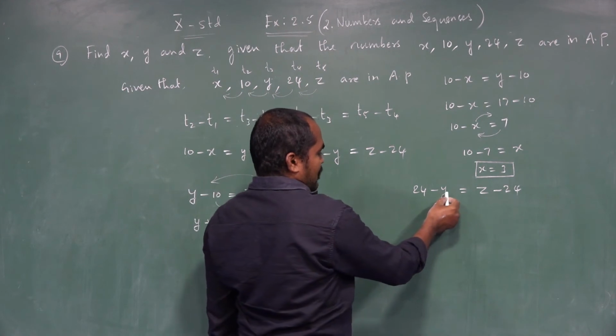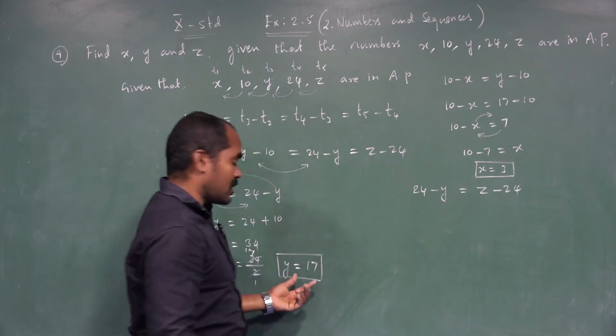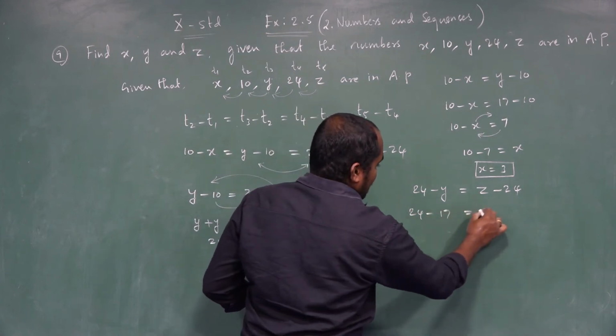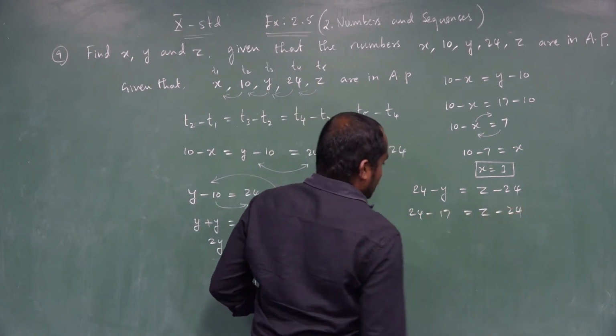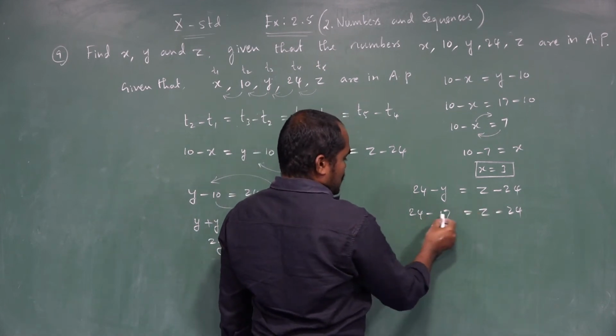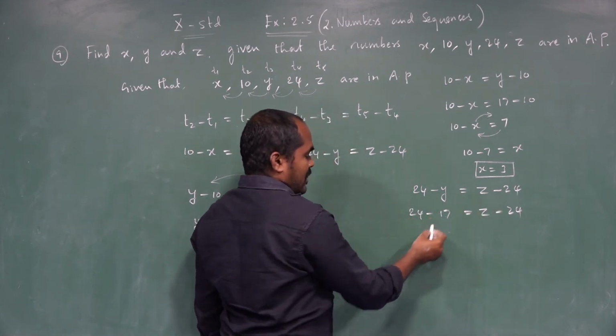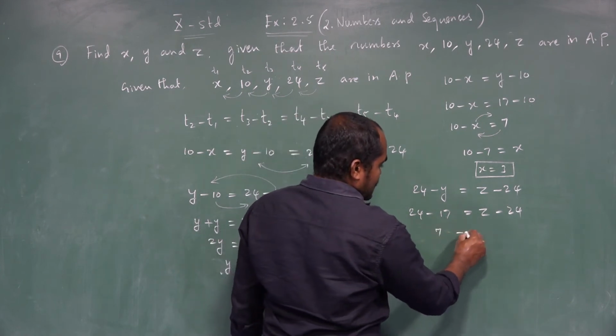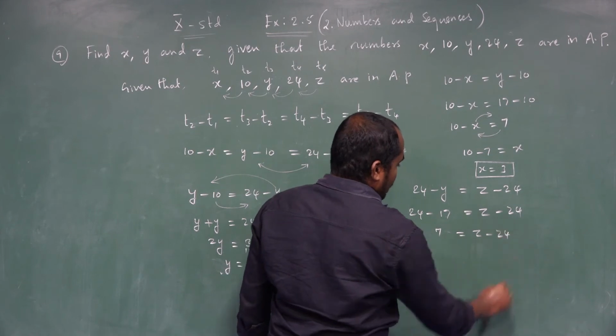So you know the y value is 17. So 24 minus 17 equal to z minus 24. What is the difference? 24 minus 17 is 7. So 7 is equal to z minus 24.